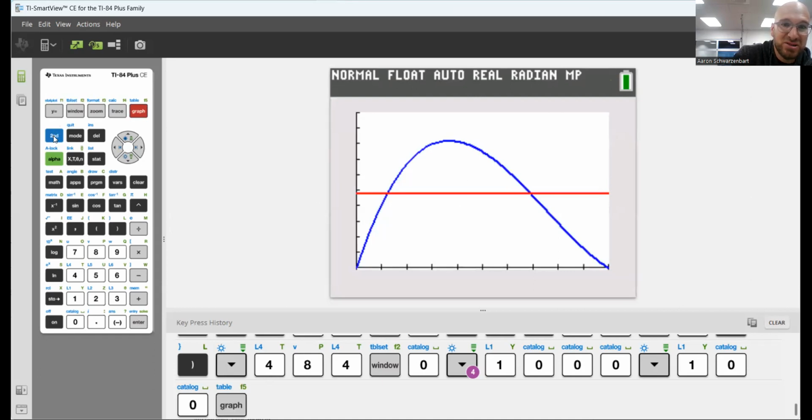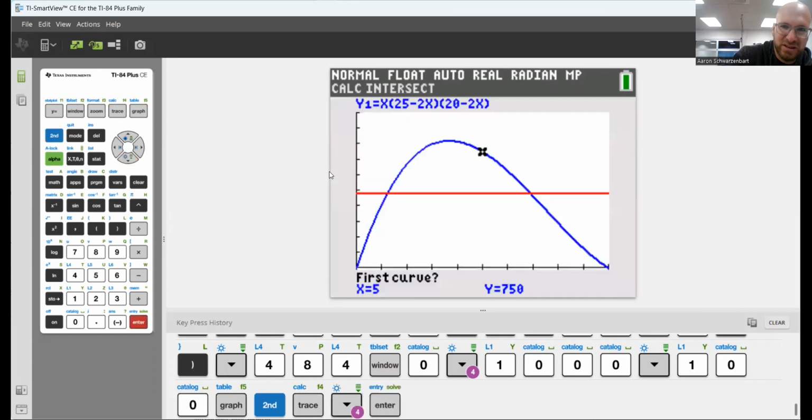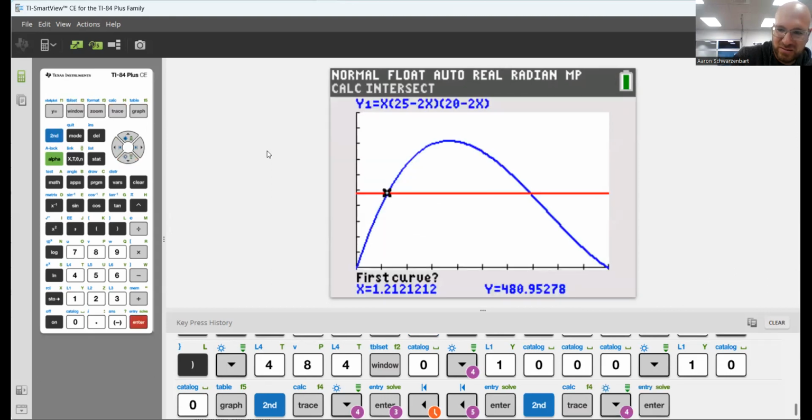So I see that there's two different sizes I could cut the square to get 484. So I will go to my second calc menu and intersect first curve, second curve. My guess, since I've got two of these, it will go to whichever one I'm closer to. So I know x can either be 1.222, or to find the other intersection, I do the same thing.